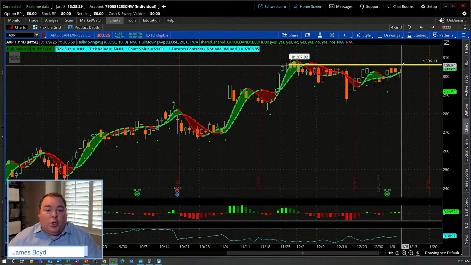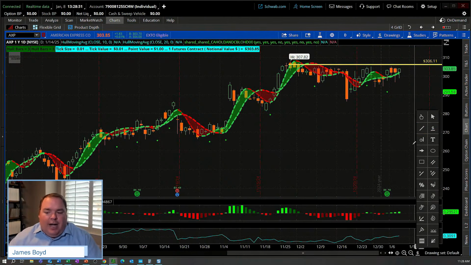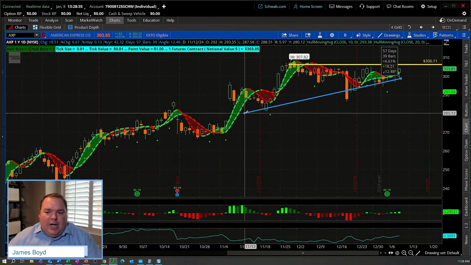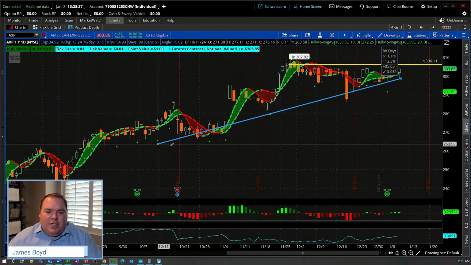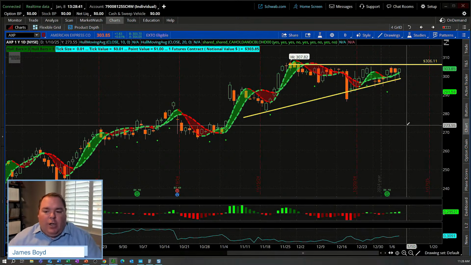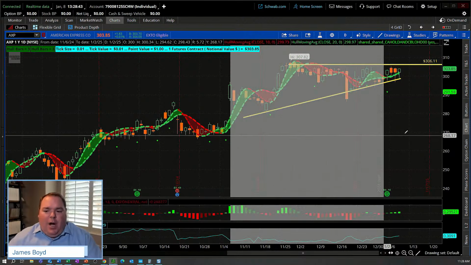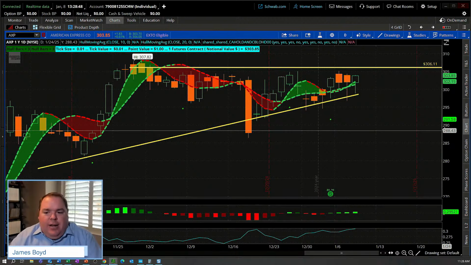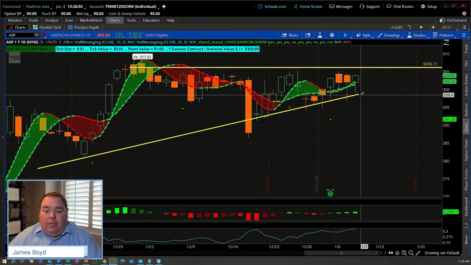If I said draw a diagonal line, I'm going to try to touch some lows. If I try to get a recent area of where the lows have been, we probably have some diagonal support, right about here.